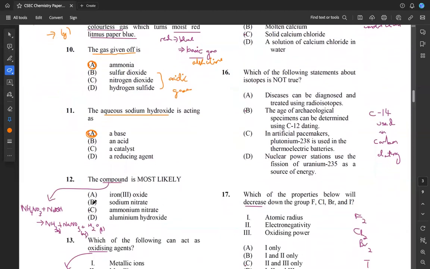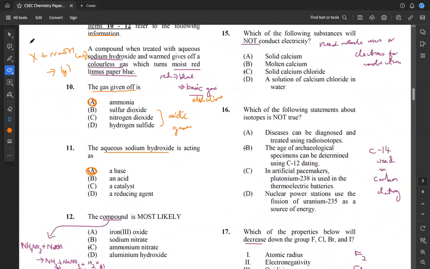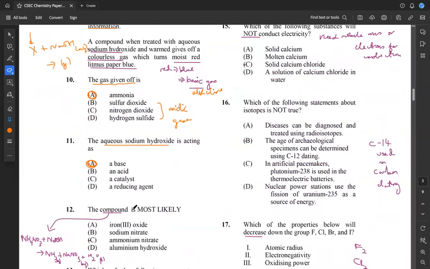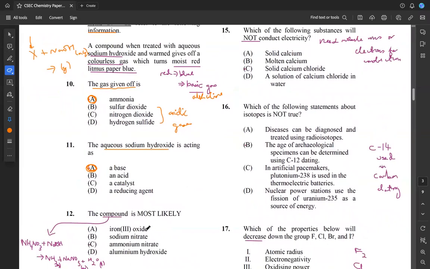So moving down to 12, it says the compound, this X or unknown, what is it most likely? Which compound is going to give us ammonia as a gas? There's nowhere from here for ammonia to come from when we react that with our strong base, so this is not it. Would sodium nitrate give us ammonia when we react it with sodium hydroxide? No, there's nowhere for the ammonia to come from.